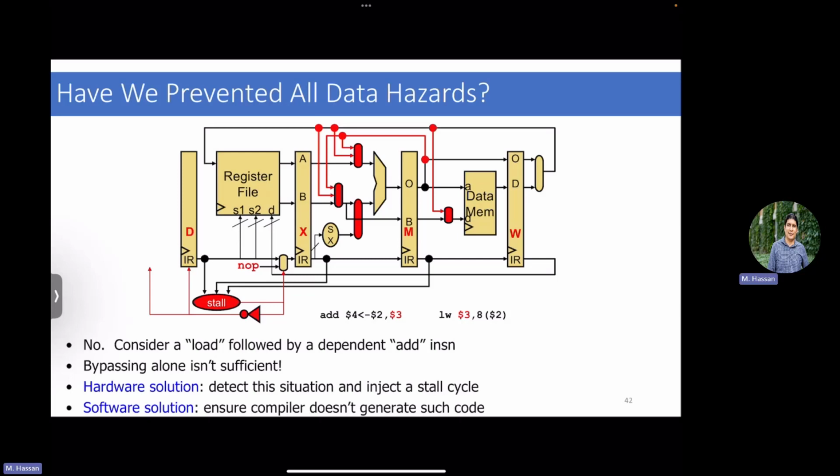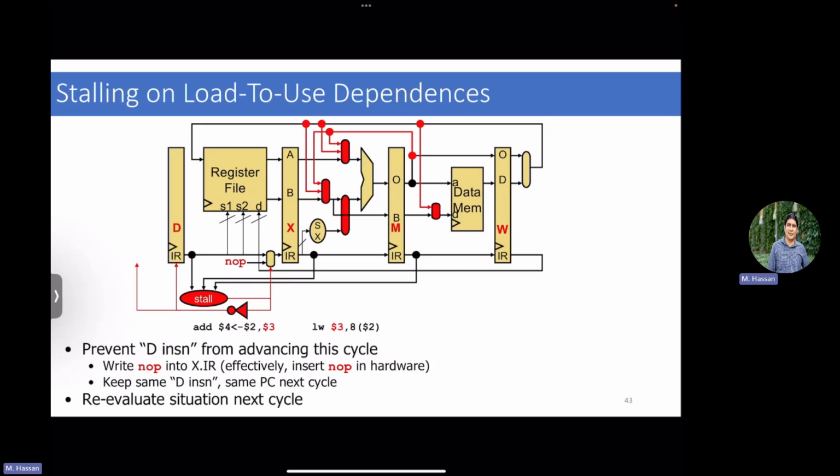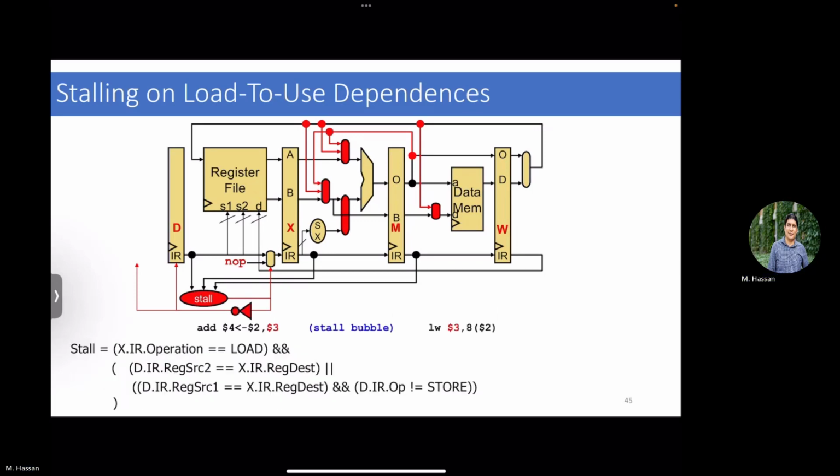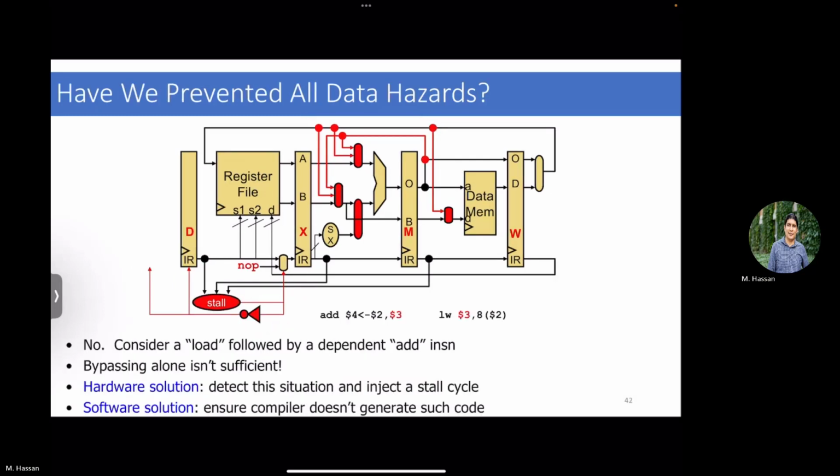Can I forward right now? Well, if you draw the pipeline, I would say for the load, it's fetch, decode, execute, memory, write back.